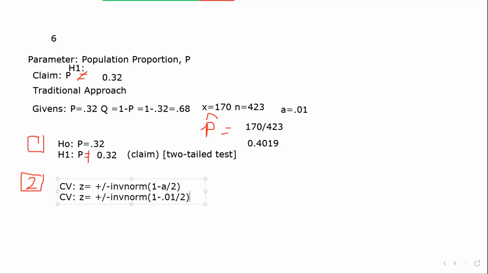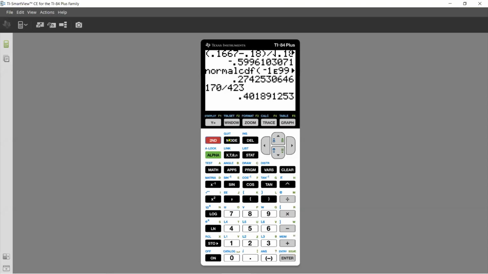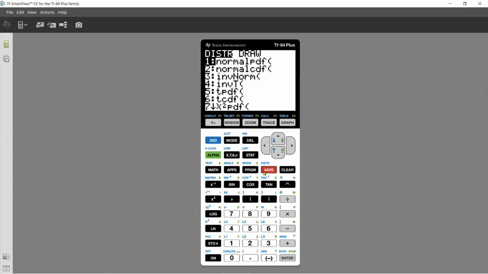Let me go to the calculator for you. Your calculator is your friend in this class, ladies and gentlemen. All right, so we're going to go with second distribution, inverse norm, number 3. Area is going to be 1 minus 0.01 divided by 2. Here we want to use the big minus. Leave your mu and your sigma at their default.